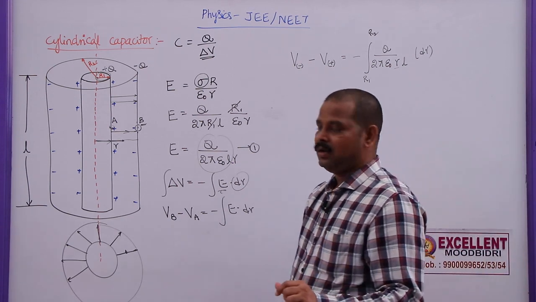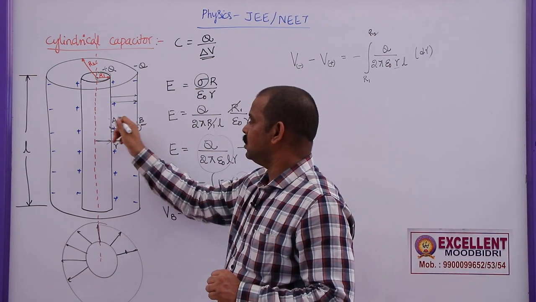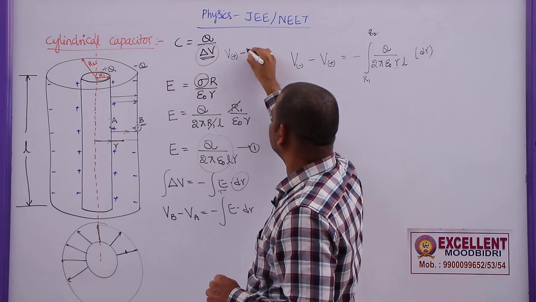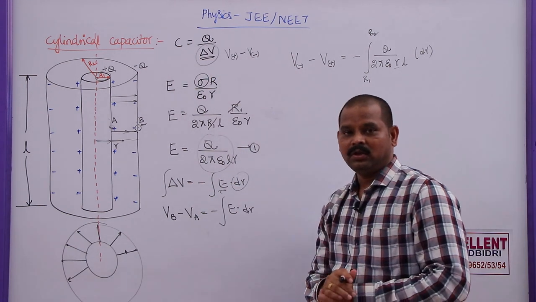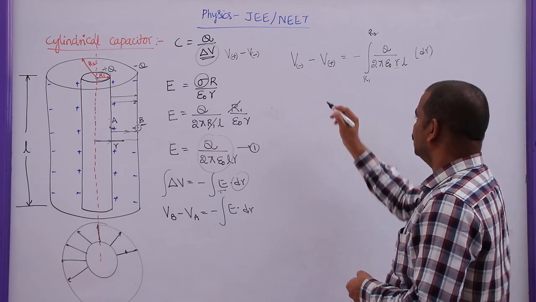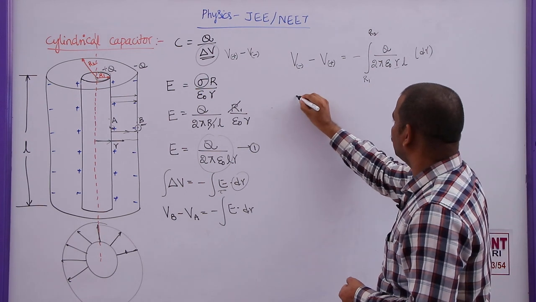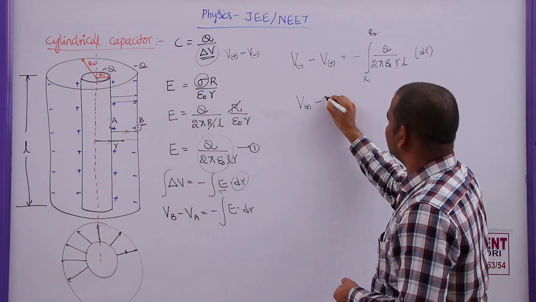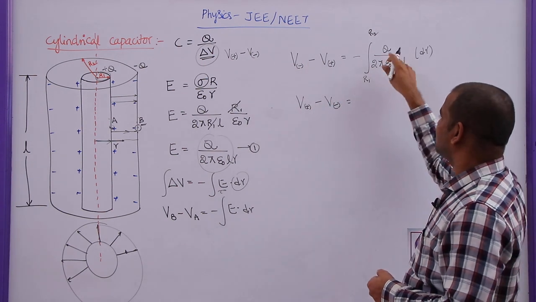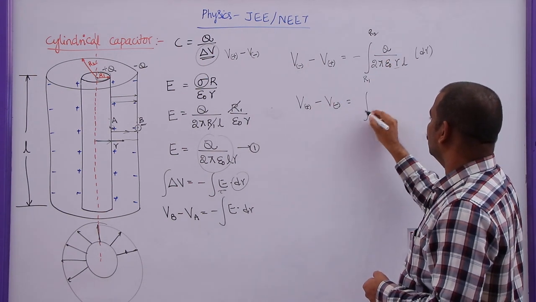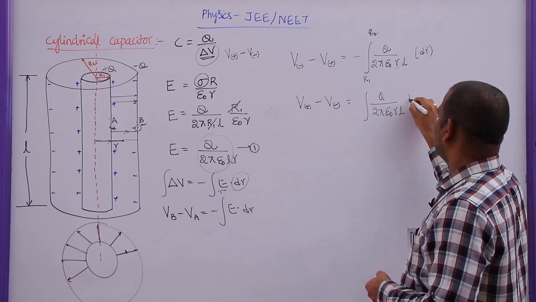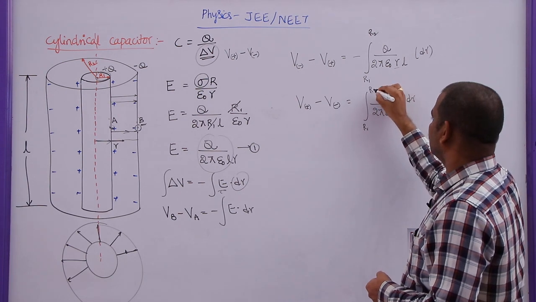But in general, the potential difference between these two surfaces is always V plus minus V minus, that is, potential on the positive surface minus potential on the negative surface. So, here this is reversed. So, what I am going to do is multiply this entire equation with minus, then this minus will go. So, this will remain as Q by 2 pi epsilon naught r L dr with the limits R1 and R2.